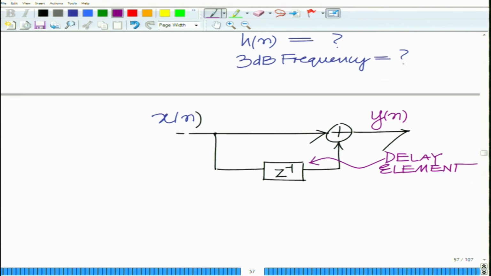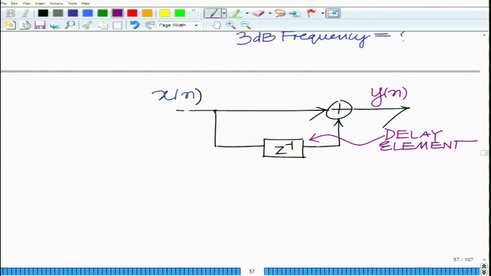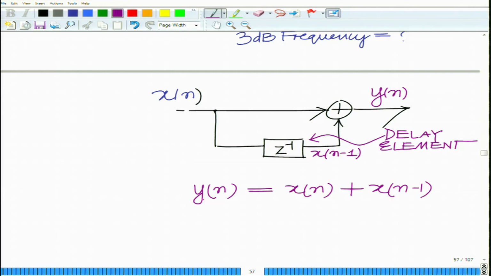You can see if x[n] is the input, the output here is x[n minus 1], and you are summing x[n] and x[n minus 1]. So, the difference equation that describes this is very simple: y[n] equals x[n] plus x[n minus 1].